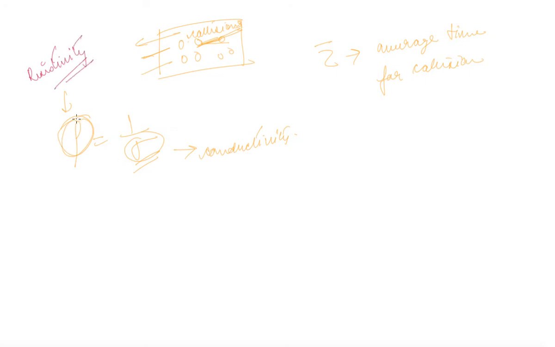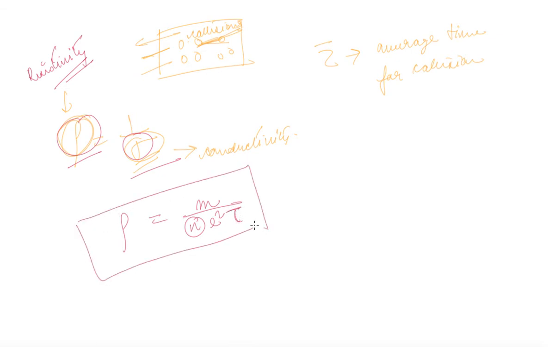So far we are clear about these particular concepts, resistivity and conductivity. So now if you look closely, resistivity is equal to M upon number of electrons, that is N into E square into average time T. Now this is the relation that has been given to you.